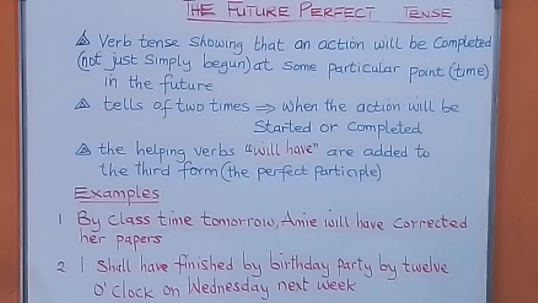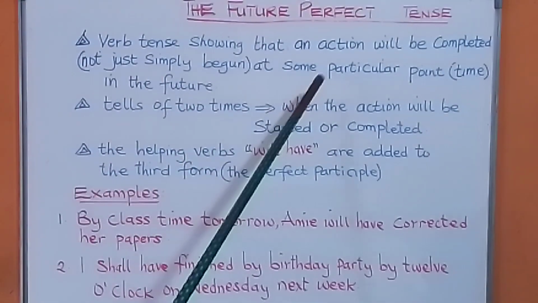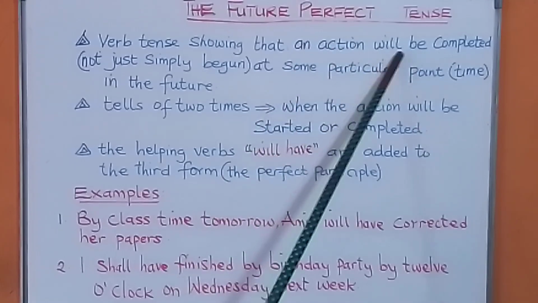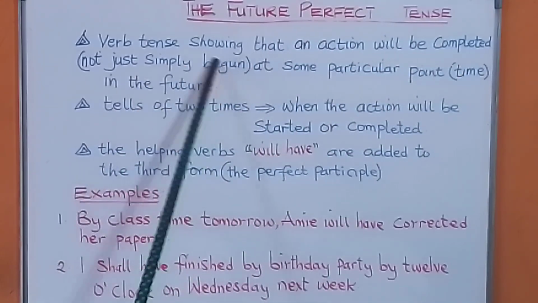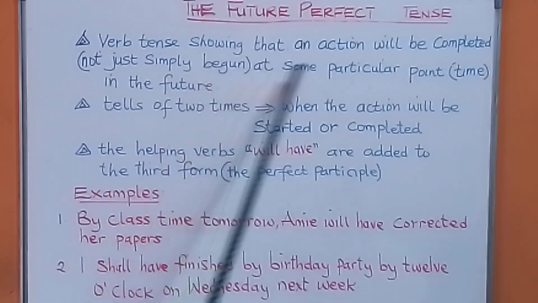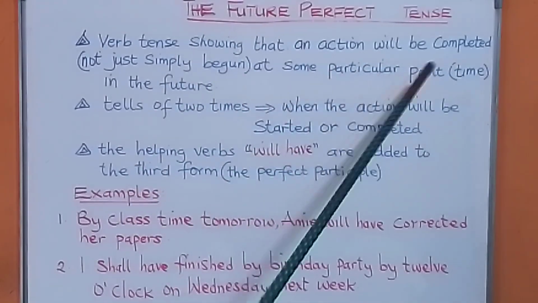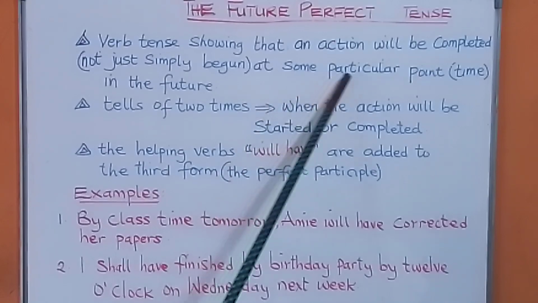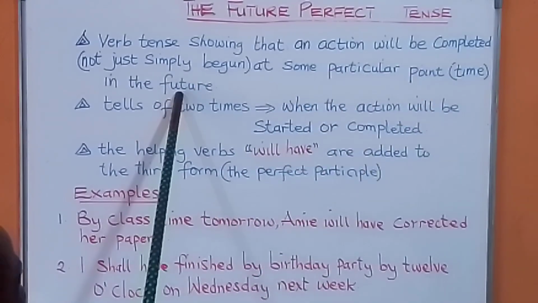That is future perfect. In future perfect, it's showing you an action that will be completed. It's not just that the action will begin in the future, but it's showing you when the action will be completed at some particular point in time in the future.